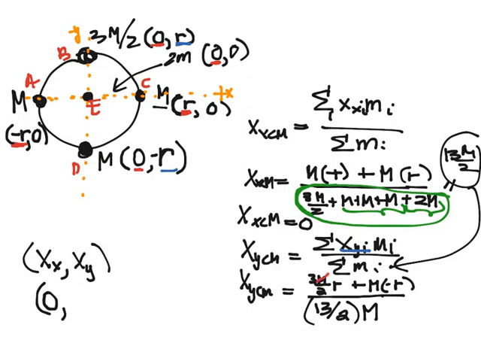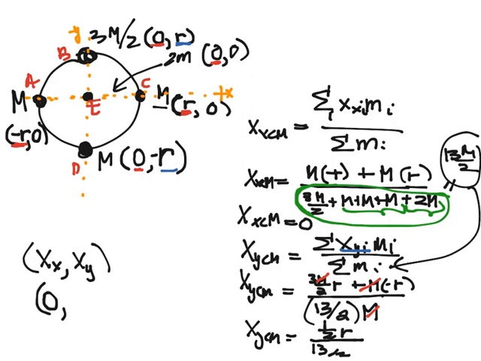You also notice that I have an m in every term, so the m's go away, so I have ycm equals 1 over 2 r divided by 13 over 2.